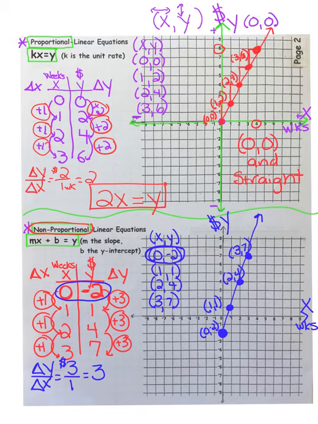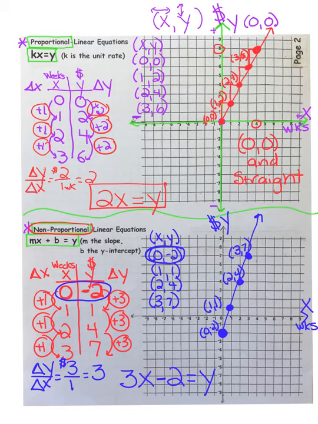So we would represent this particular relationship between x and y like this. $3 times every week x minus the $2 he owed his sister equals y, the total savings.